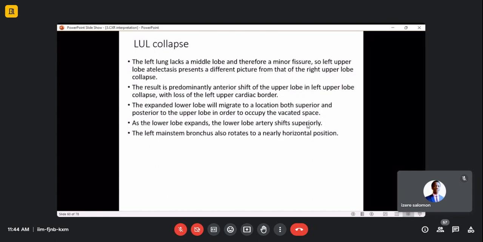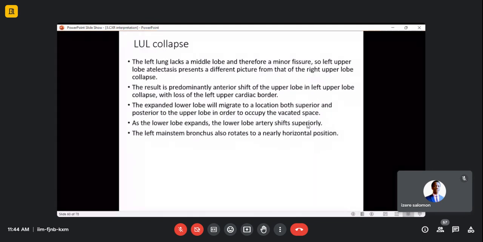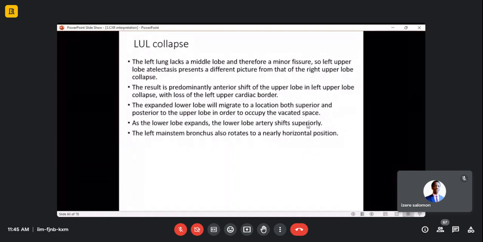Okay, the expanded lower lobe, that is compensation. The expanded left lower lobe will migrate to a location both superior and posterior to the upper lobe in order to occupy the vacated space. If the left upper lobe is collapsed, the left lower lobe will expand and occupy the vacated space upwards.